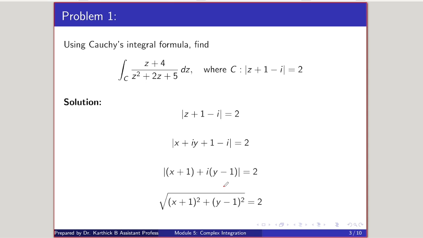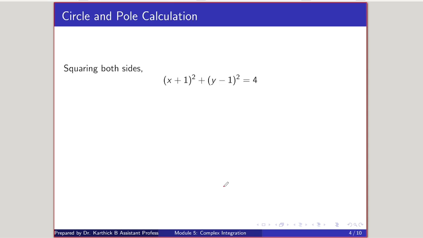So here this becomes square root of (x plus 1) whole square plus (y minus 1) whole square equal to 2. If I bring the square root to this side, then I will get the equation (x plus 1) whole square plus (y minus 1) whole square equal to 4. Of course, this is of the form (x minus h) whole square plus (y minus k) whole square equal to a square.